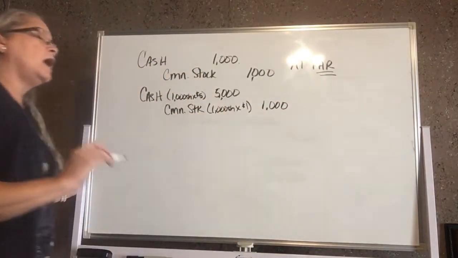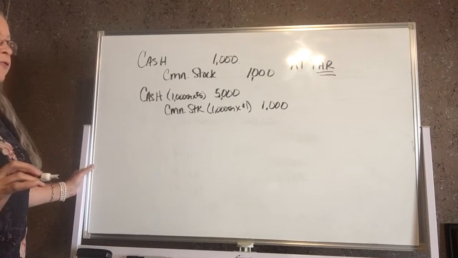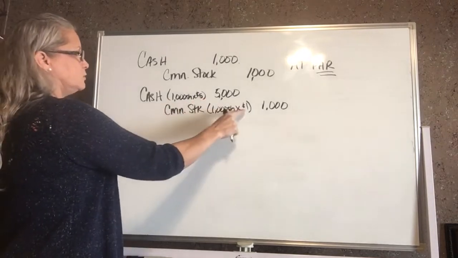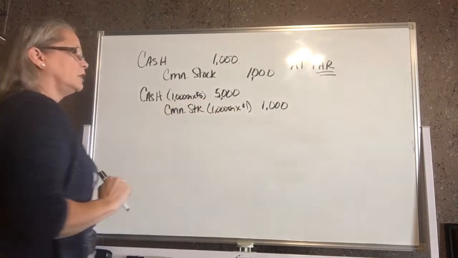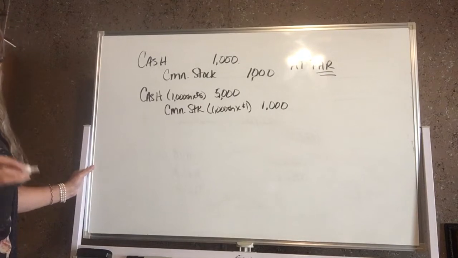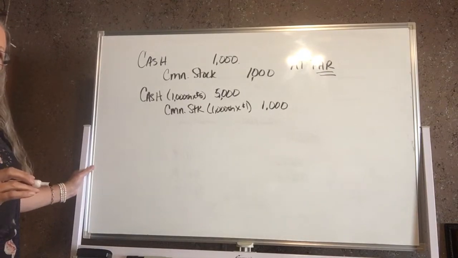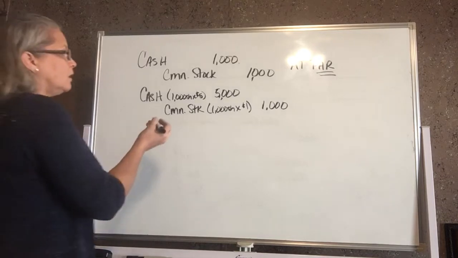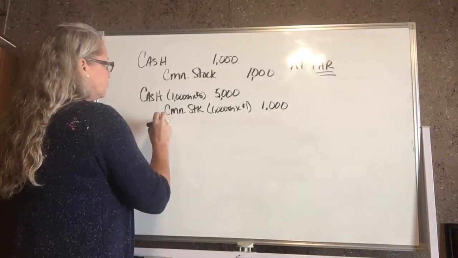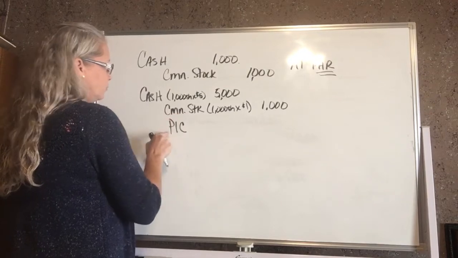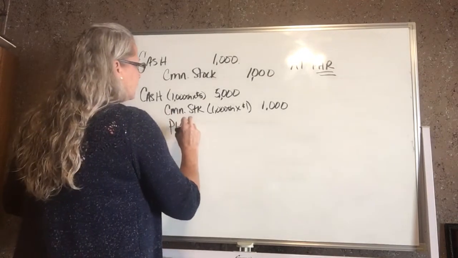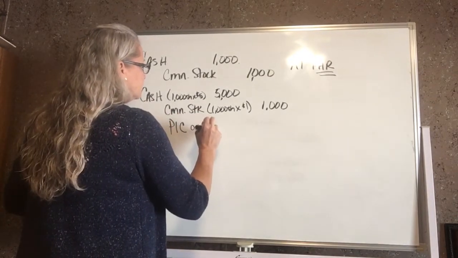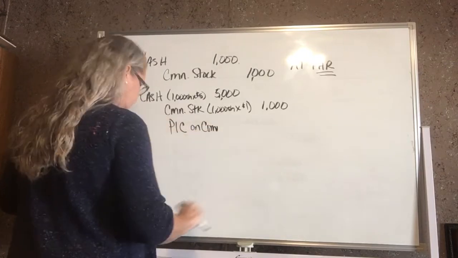Anything that you get above par, the difference between these two numbers, the $4 per share, would be considered PIC, paid-in capital, and then you tell me on what kind of stock. So it's PIC on common. PIC, P-I-C, paid-in capital, on common.